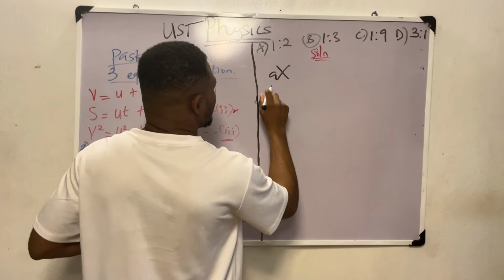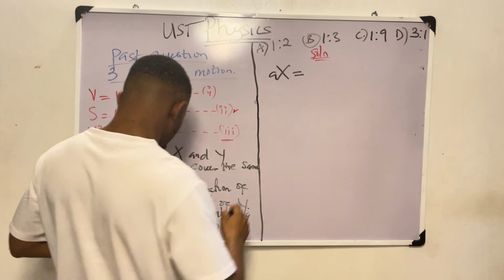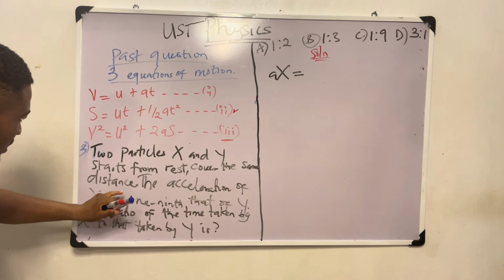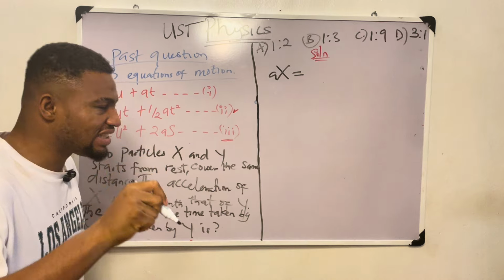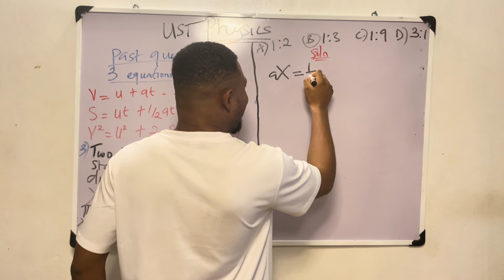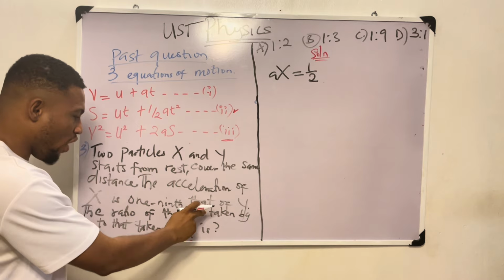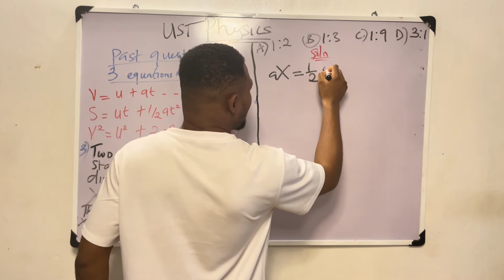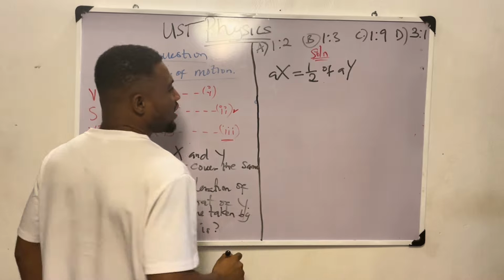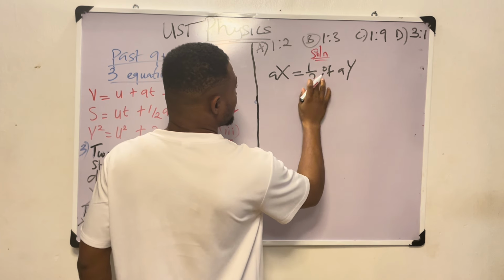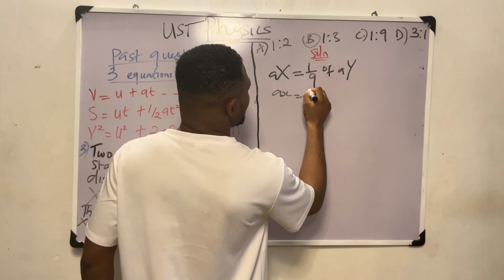The acceleration of X is 1/9 of the acceleration of Y. So it means AX equals 1/9 AY.